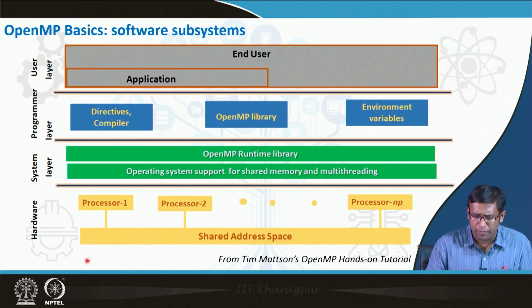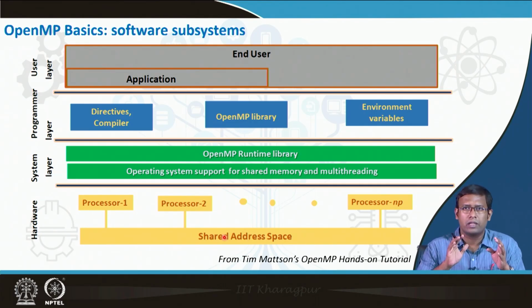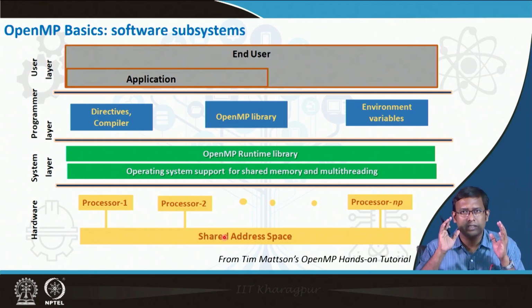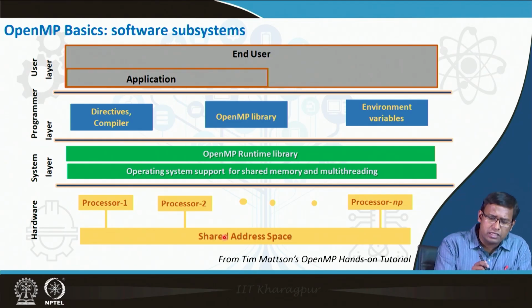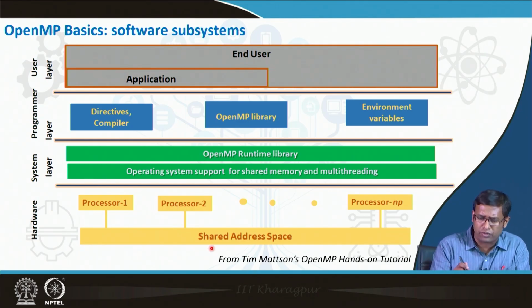If we go with a bottom-up approach, some executable will come, and this executable will be running through all the processors connected with the main address space. So you need an operating system which will support shared memory access of different processors, and what we call multi-threading, that different threads are active over different processors connected to the same shared memory system, has to be supported by the operating system.